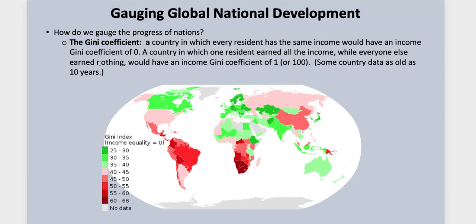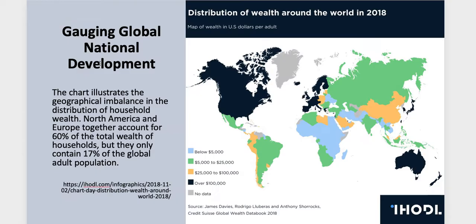Now, an interesting comparison is about the distribution of wealth, and this is not a Gini coefficient, but it does talk about wealth, and I'm guessing this is probably income and wealth, not just wealth. But you see here the comparison of the distribution of wealth around the world, and this is a map of the wealth of nations in US dollars, per adult rather than per capita.